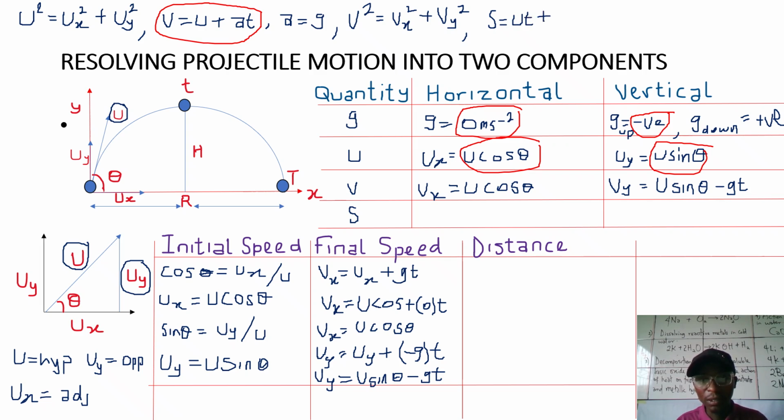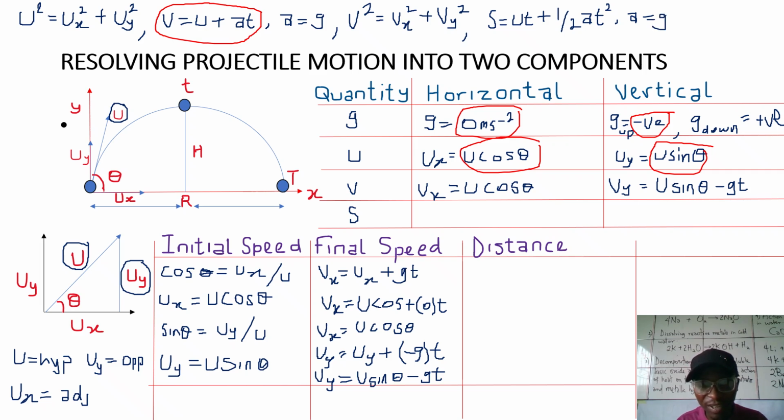Then we have said earlier that our A will turn to G, because we are talking about a body that is launched into the air. So we put that in our mind, that A equal to G.